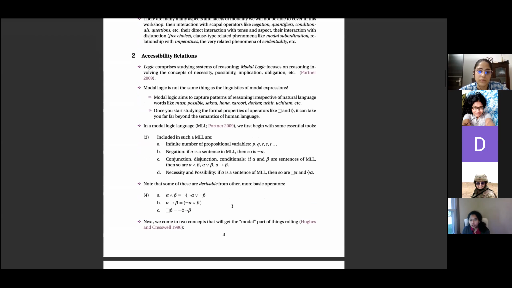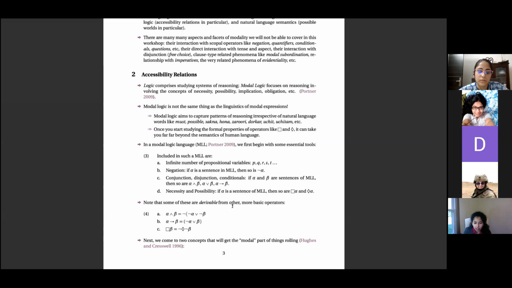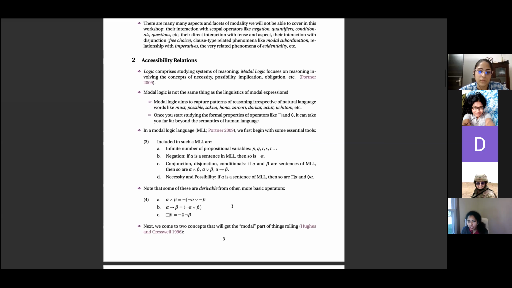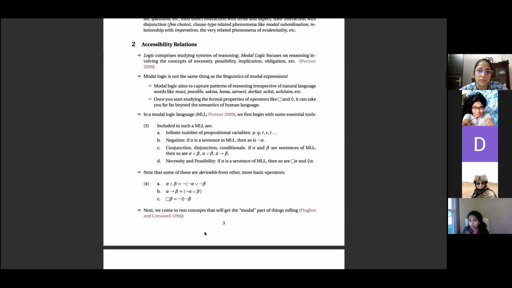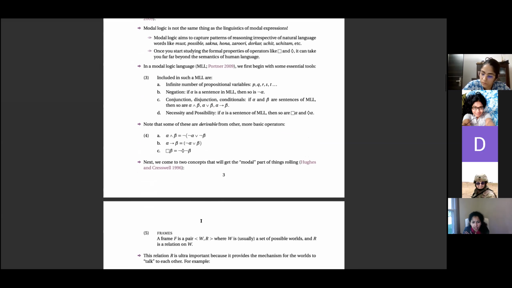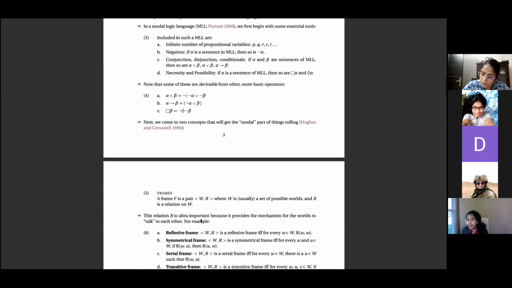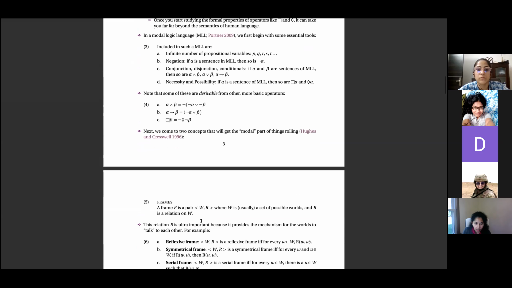So till now we have looked at these logical operators, etc. How do we get into the modal part of things? I highly recommend Hughes and Cresswell's textbook. It's a very nice thing to work out over a few months by yourself. It's very educational. Okay, so we will talk about frames and models. What is a frame?